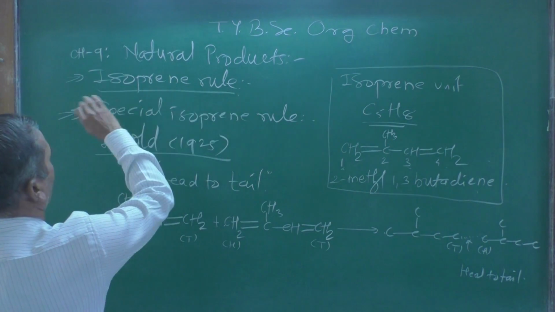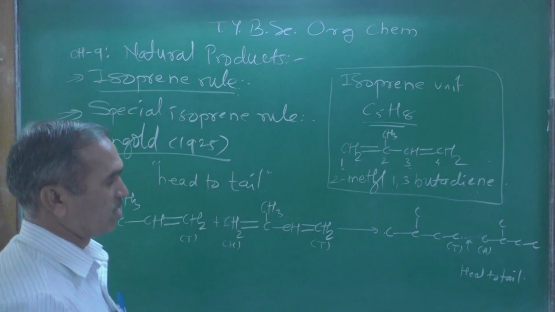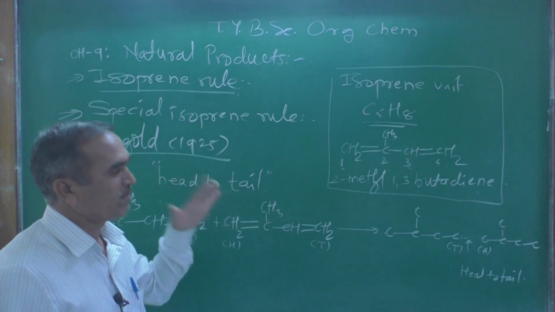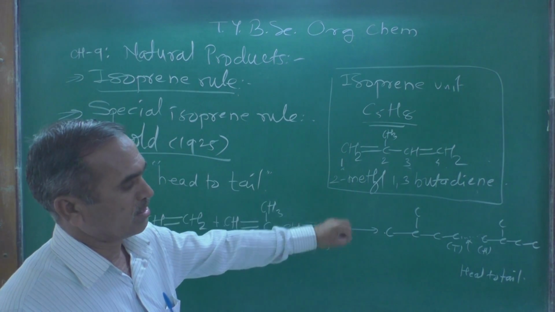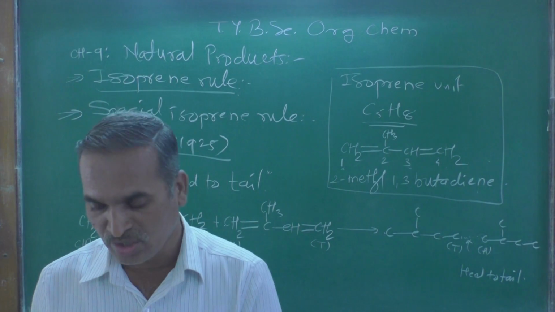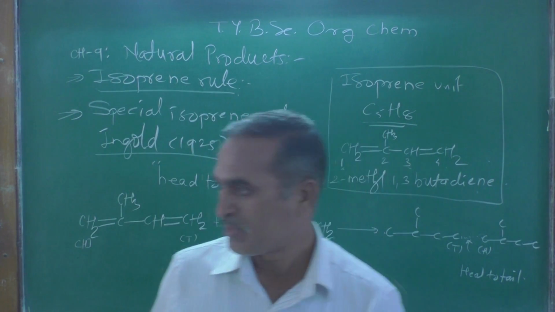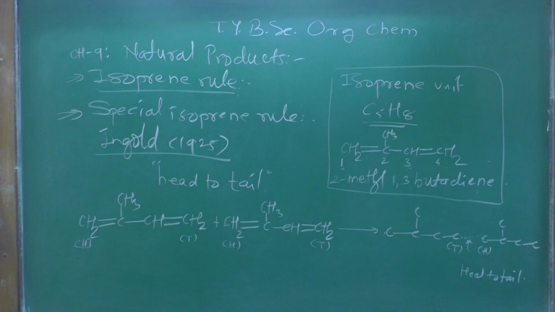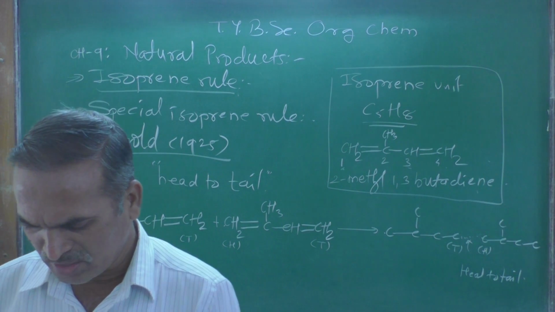Again remember the isoprene rule, and the special isoprene rule. With the help of suitable examples we have learned these terms. Now let us look at the application of this rule.